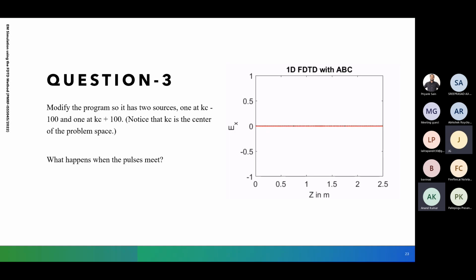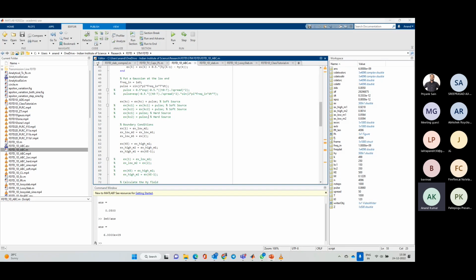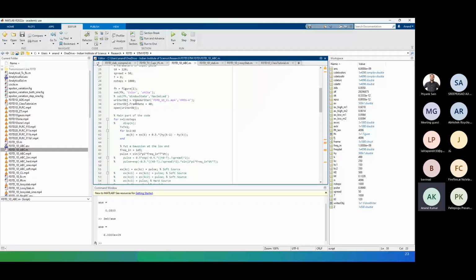Essentially, if you have used read and write of a file, we just use this VideoWriter function to write to a file, and we set a frame rate.